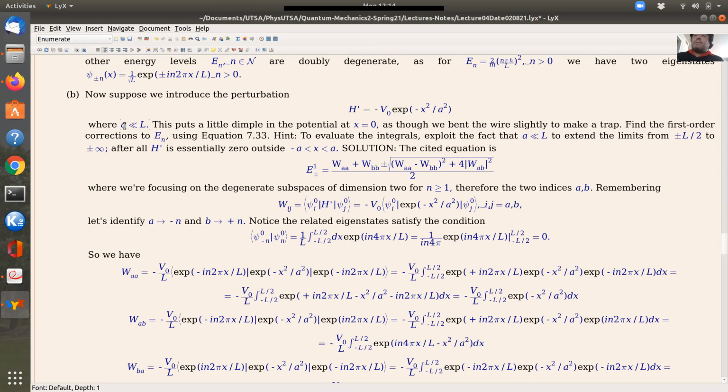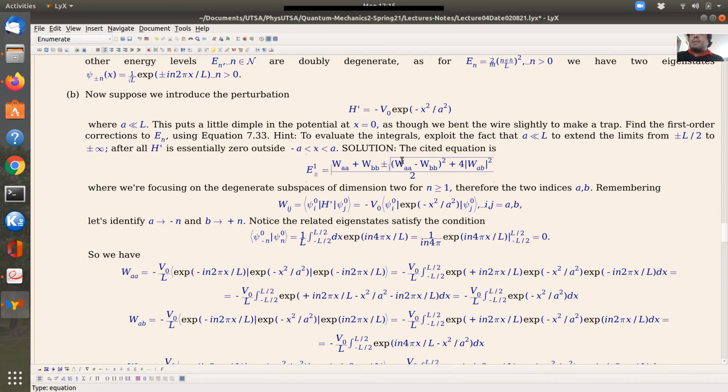And so you can think that you're having the same information if you integrate from plus minus L over 2 as integrating from plus minus infinity. So the solution, and clearly we can use two-dimensional degenerate perturbation theory. So the equation that they mention over here is this equation for the eigenvalues, which is what we have to use.